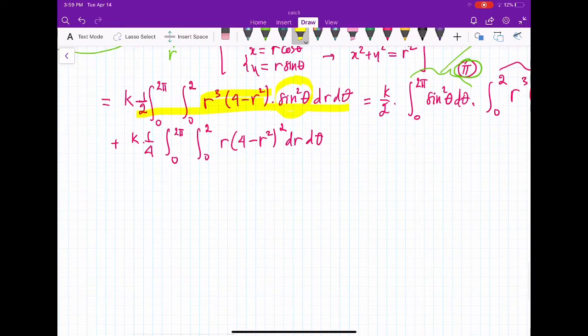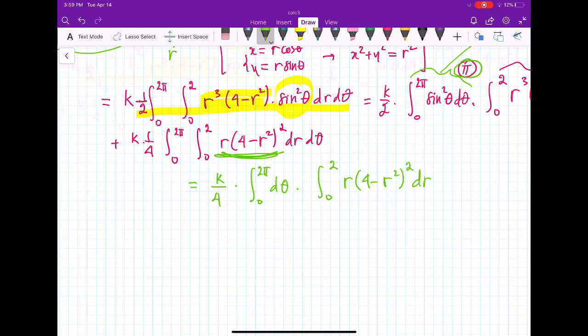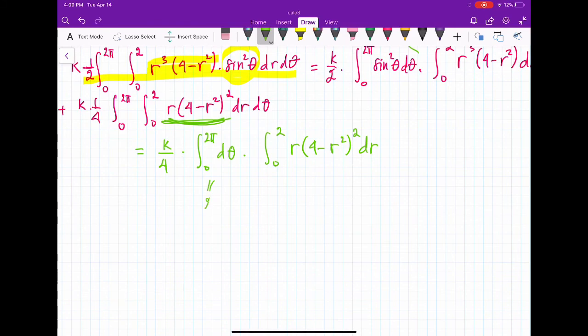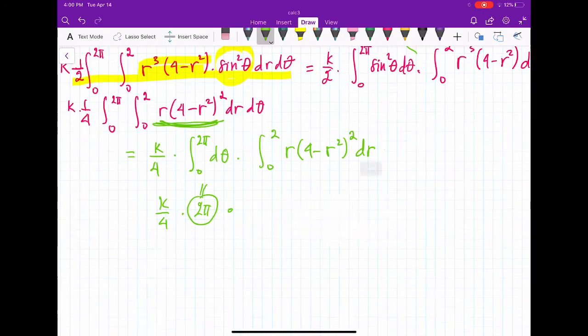Similar to the previous case, we can separate because the function depends on r only. So this is nothing but k over 4 times the integral from 0 to 2 pi d theta times the integral from 0 to 2 of r times 4 minus r squared, squared, dr. The first integral is just 2 pi times k over 4. So we need to evaluate the second one.